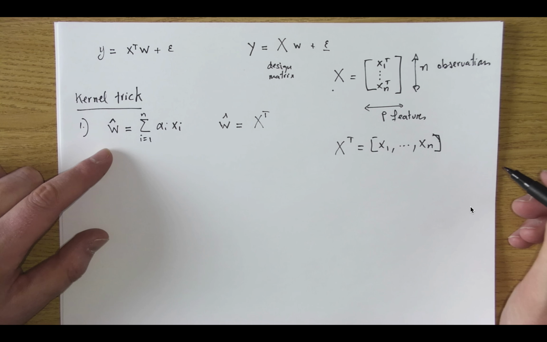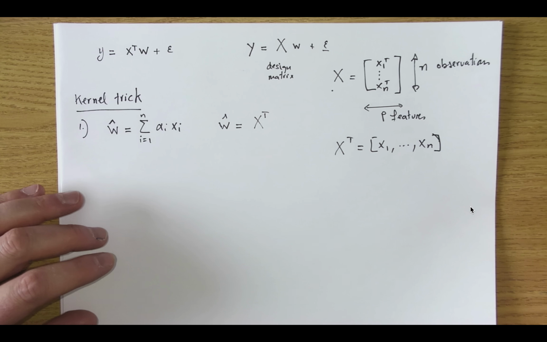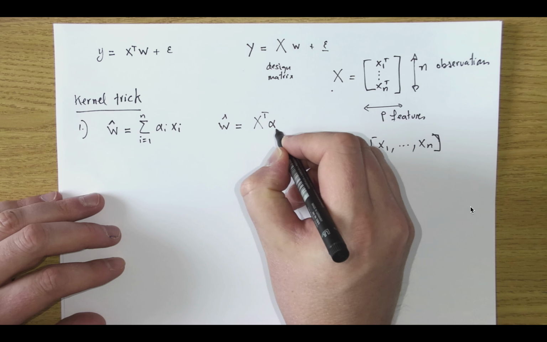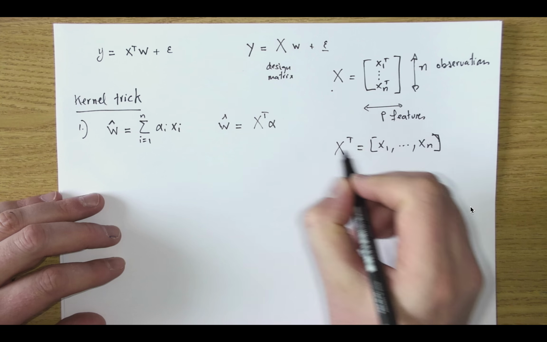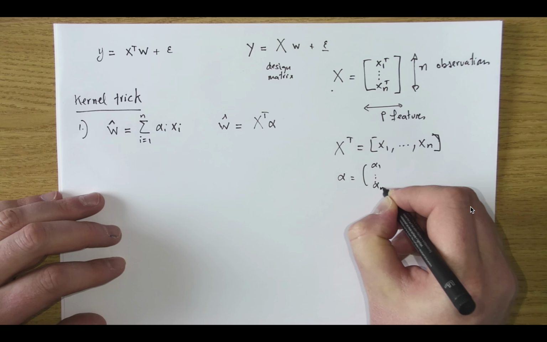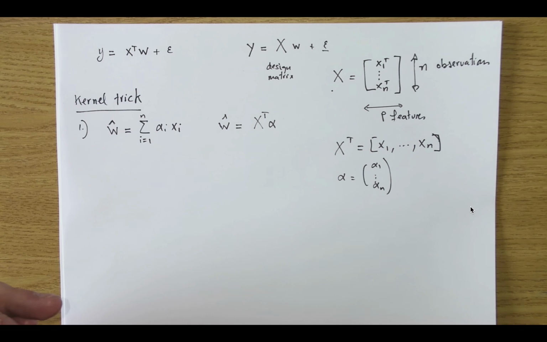Each column is one of the observations we have. And alpha is your vector containing the coefficients corresponding to all the observations.